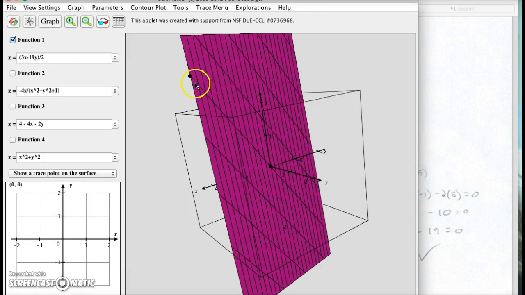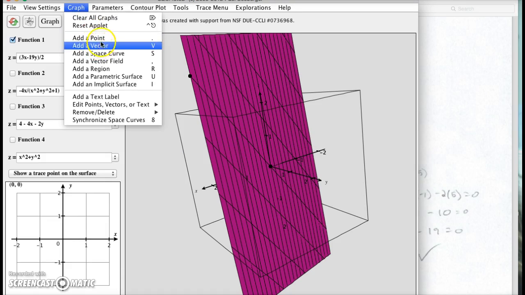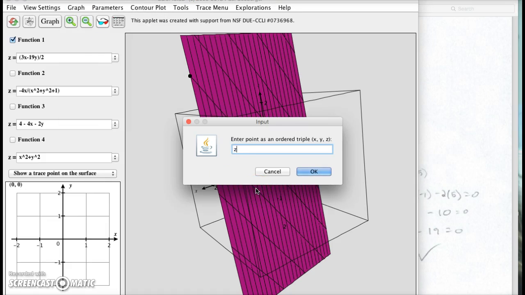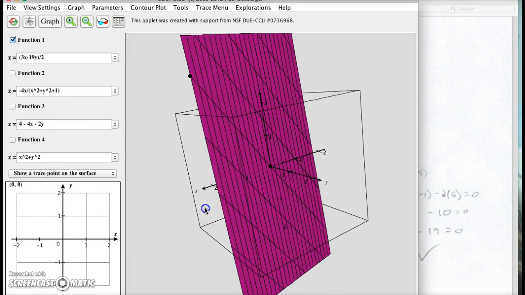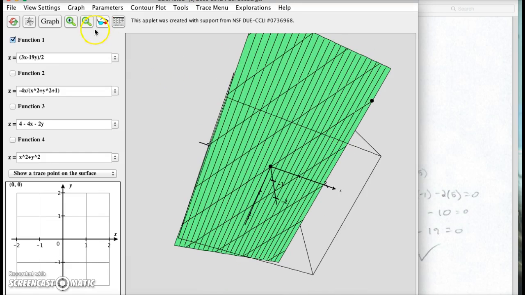Size 4, same thing. As you can see, that is also on the plane. And now we'll add the last point of (-3, -1, 5). And now zoom out once, and there you go.